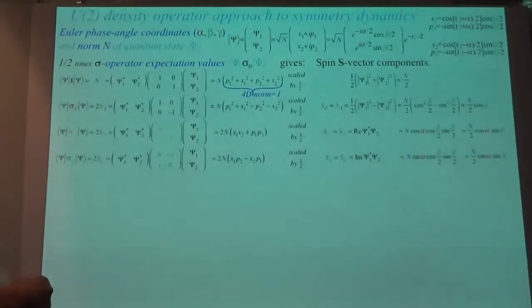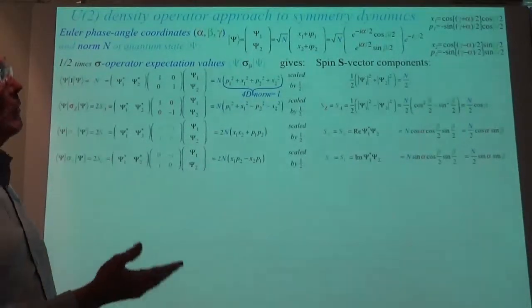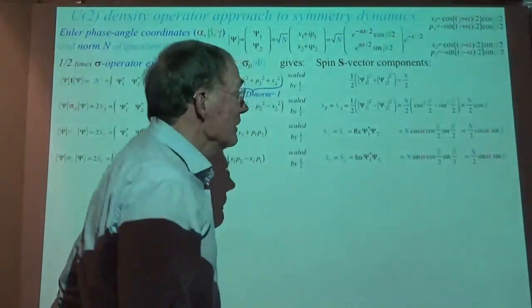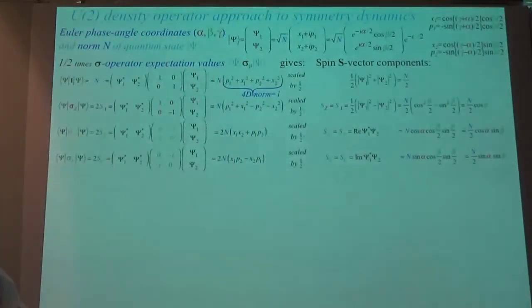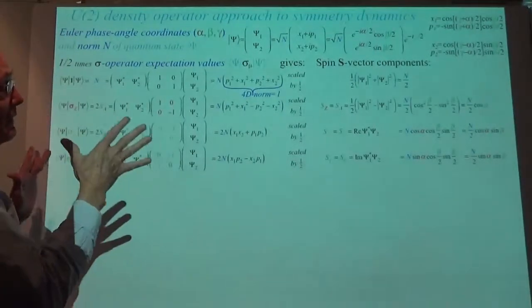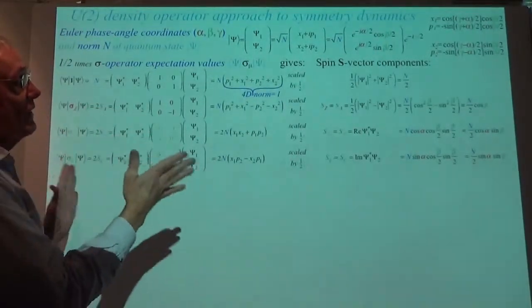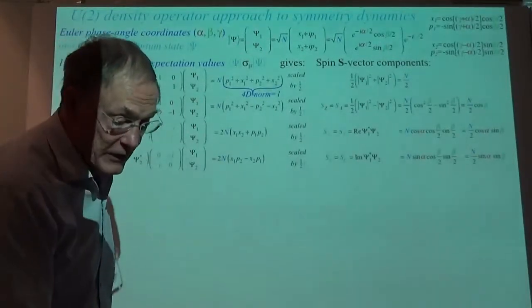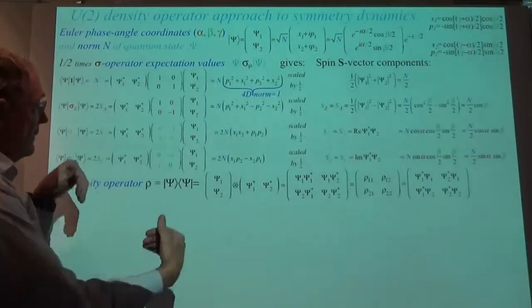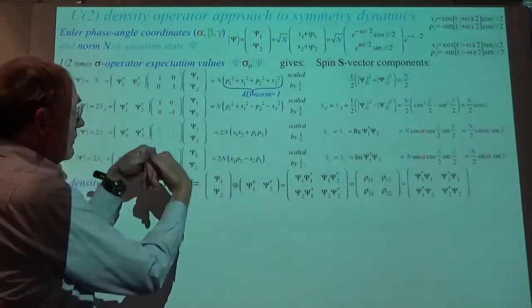This is your spin vector's polar coordinates. Then it has a 4th dimension because you can change n as part of the game here. Okay, so that is what sets up the density formalism very nicely. The density operator is simply your state vector knuckle-knuckle.